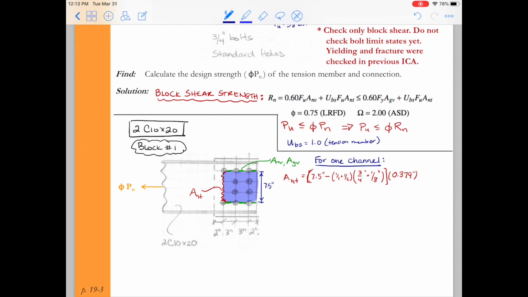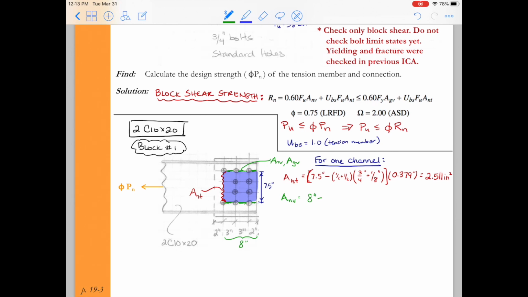Lastly, we're going to multiply the area by the thickness. And in this case, we need to multiply by the thickness of the channel because it's the channel web that's going to be block shearing. So the shear surface and the failure surface here is all in the web of the channel. So I've looked up the thickness of the web of the channel to be 0.379 inches. And you can get that from part 1 in your manual.